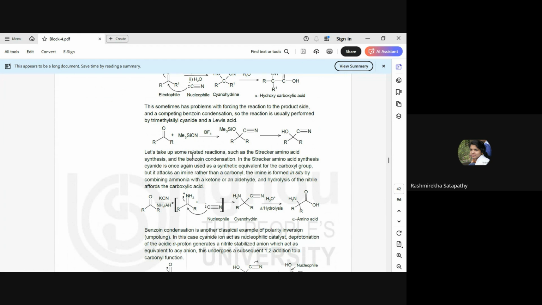Sometimes there is a problem forcing the reaction to the product side, because of the competing benzoin condensation reaction. So the reaction is usually performed with trimethylsilyl cyanide and a Lewis acid. The ketone treated with trimethylsilyl cyanide in the presence of BF3 forms this compound, and finally hydrolysis converts this group to OH.